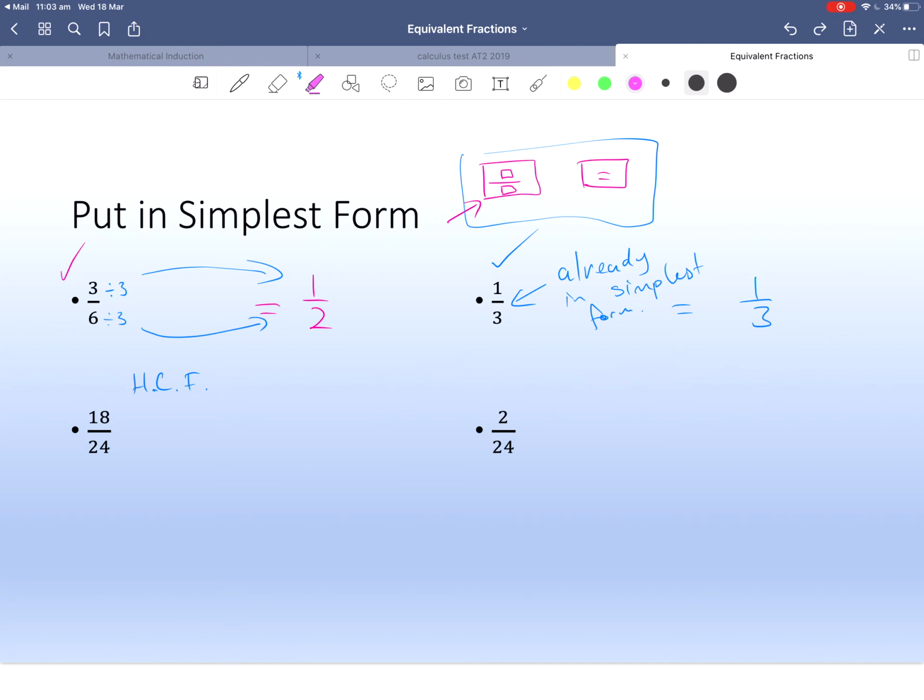Oh, I know what it is. It's 6. 6 goes into 18 3 times, and 6 goes into 24 4 times, because 4 times 6 is 24 and 6 times 3 is 18. So that is our simplest form.